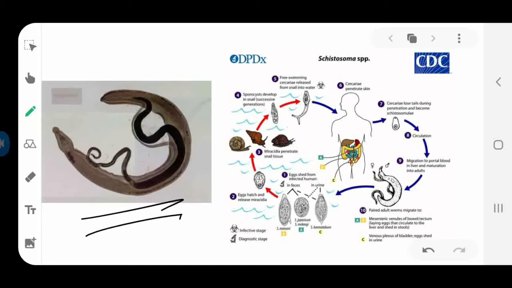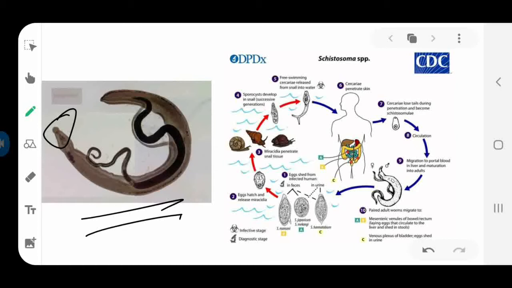When they penetrate the skin, they lose their forked tail and transform, and they travel through the bloodstream to the liver.